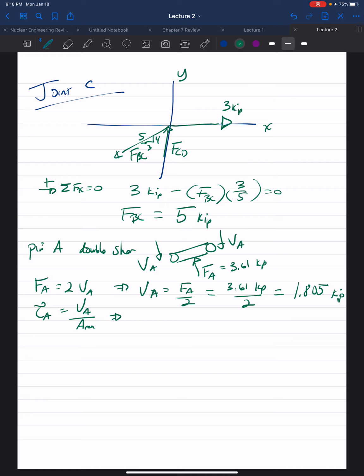Six KSI is 6,000 pounds per inch squared, equals VA, which is 1.805 kip. Kip is kilopounds, so it's 1,805 pounds over the area.